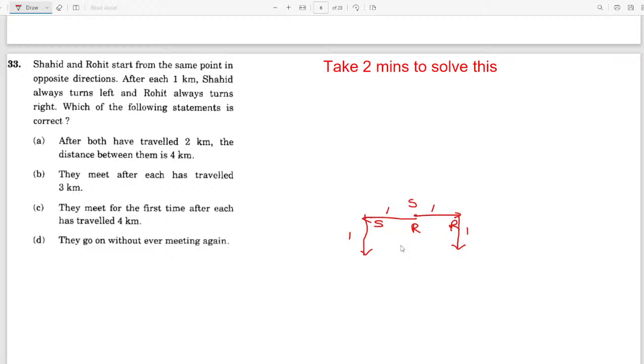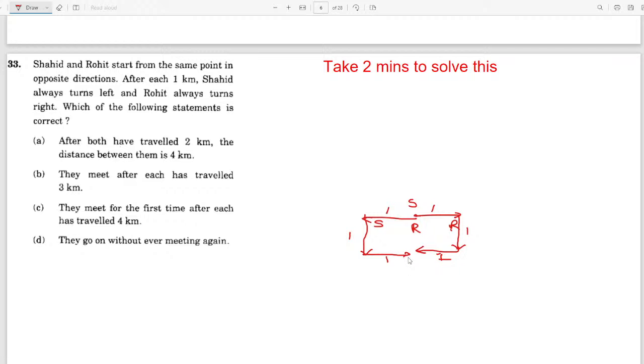1 kilometer, 1 kilometer. And then after 1 kilometer, again Shahid takes a left turn. So left of Shahid's direction is like this. This is 1. Again, Rohit always takes a right turn. After 1 kilometer, he takes right. Again 1 kilometer. Now this is Shahid.